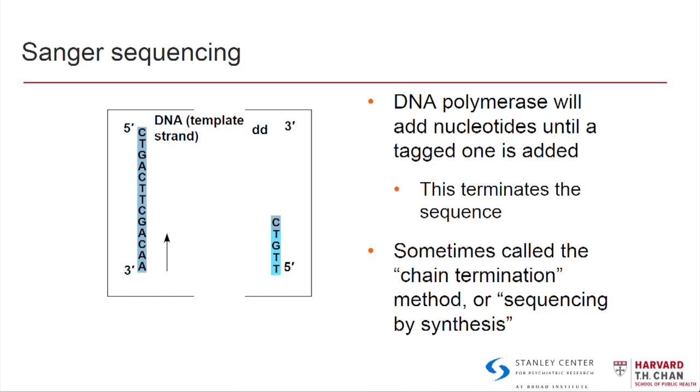So in this example, the first nucleotide that it would grab is complementary to the G over here, so it will be a C. It'll continue grabbing nucleotides until it eventually ends up grabbing one that has a fluorescent tag, which, as I said before, will end the elongation of this DNA strand. It'll terminate the chain. So you end up with a fragment of some length, which varies, the end of which has a fluorescently labeled nucleotide on it.